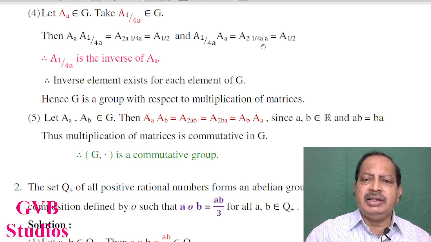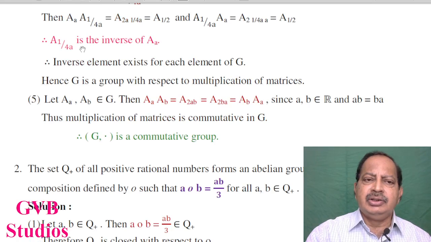Here a is cancelled and 2 is cancelled, so we get A suffix 1/2. When A_{1/4a} is multiplied with A_a from the right side or from the left side, we get the same A_{1/2}, and A_{1/2} is the identity element in G. So we write A_{1/4a} is the inverse of A_a.